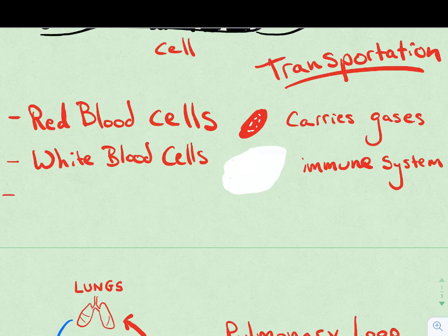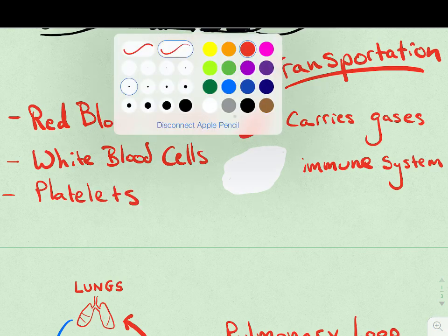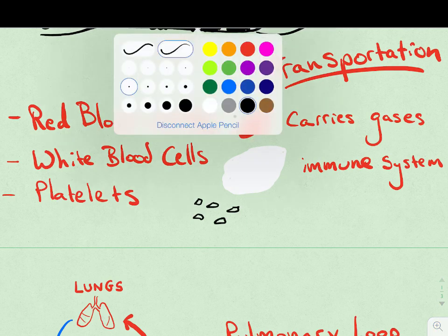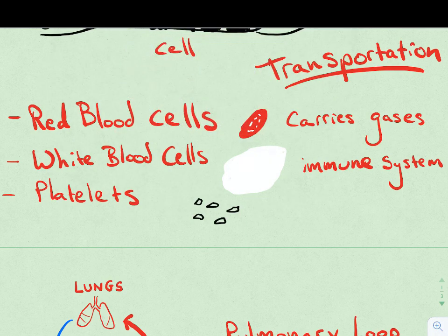We also have these things called platelets, or thrombocytes, and platelets are small. They're kind of these tile-shaped things, and their function is that they help to clot the blood. So clotting factors.